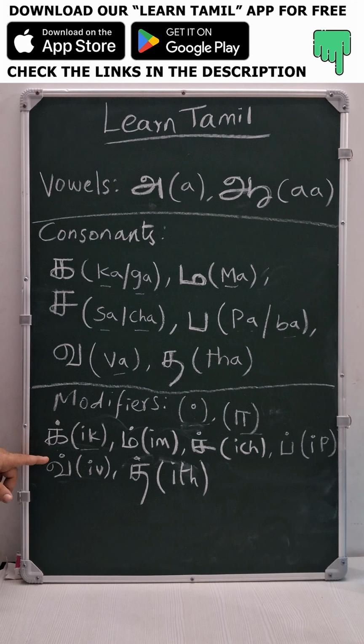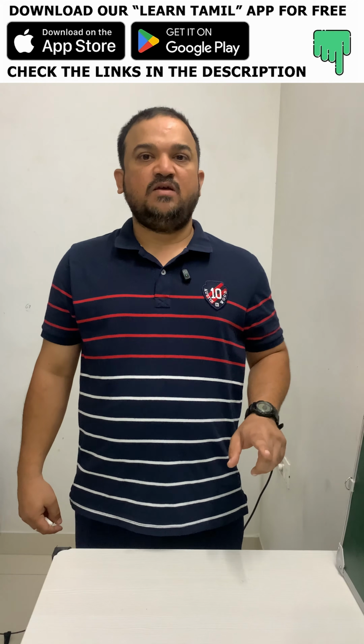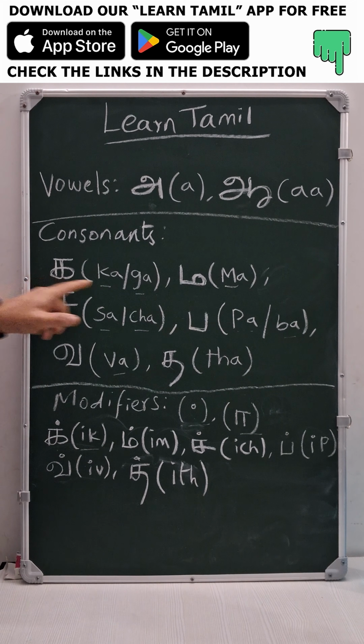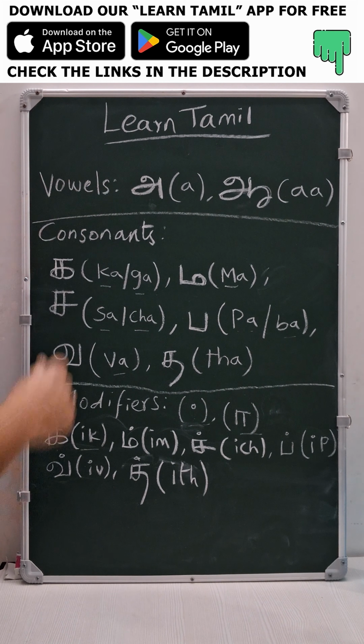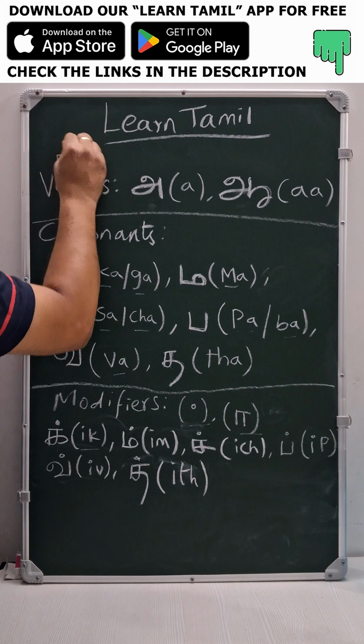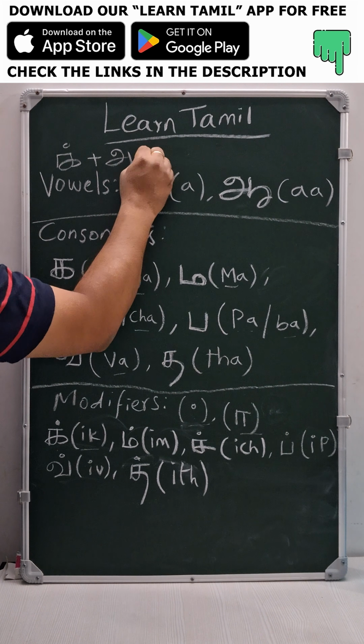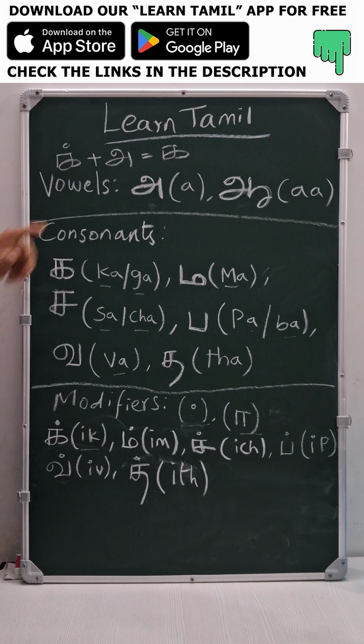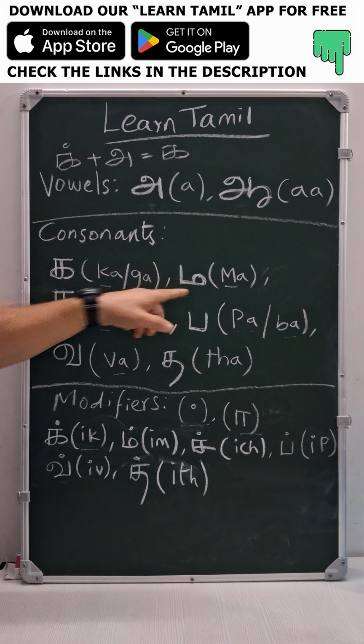Actually speaking, these are the pure consonants. Why I'm saying like that? These consonants are created by combining these 2. Actually, Ik plus A equal to Ka. This is how these letters are formed.